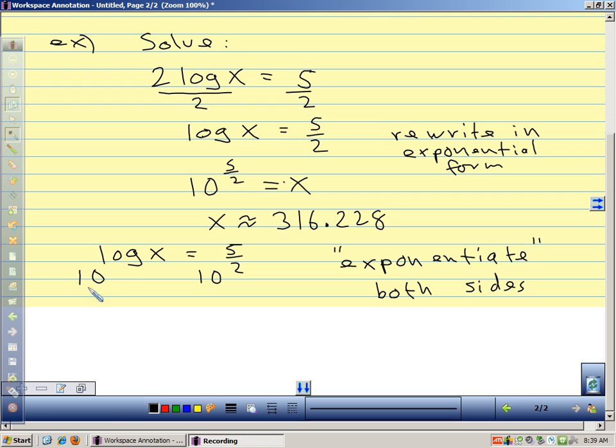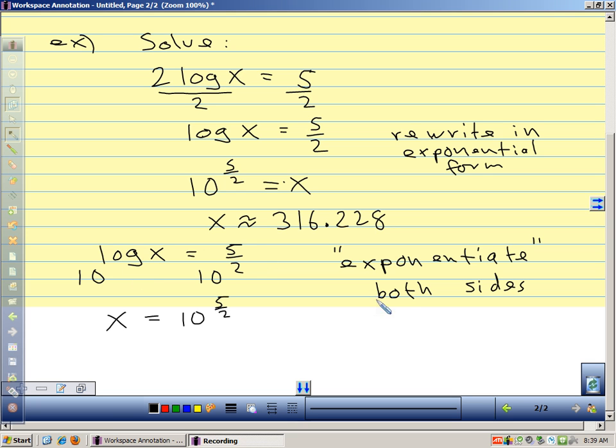And because the exponential function and the logarithmic function are inverses, they undo each other. So this just tells us that x equals 10 to the 5/2, just like we got here. So we can think about it this way also. I think it's a little easier to think about rewriting it in exponential form, but you can think of raising 10, or whatever our base happens to be, to the power of both sides of the equation.